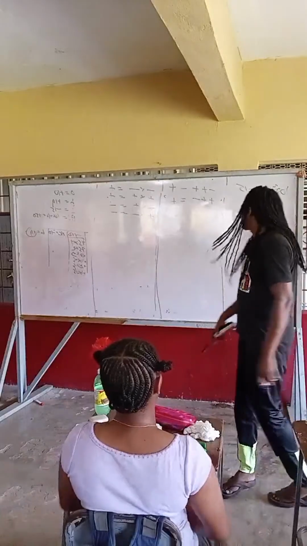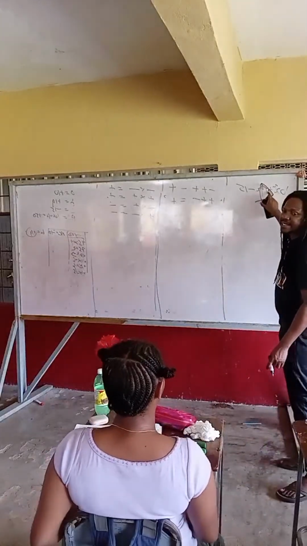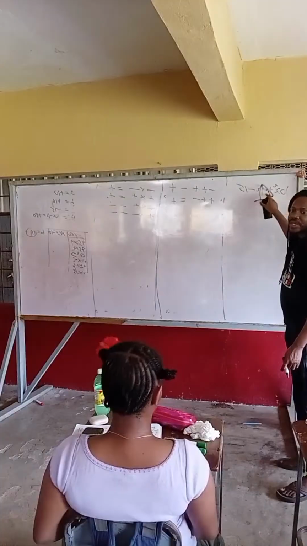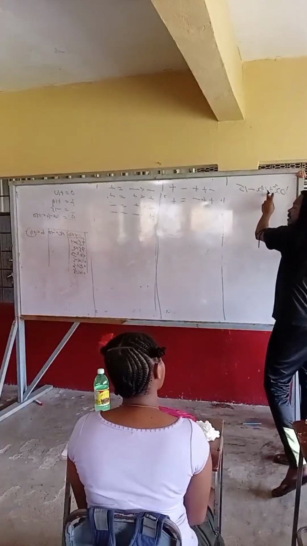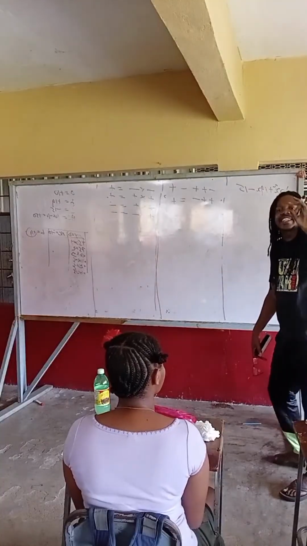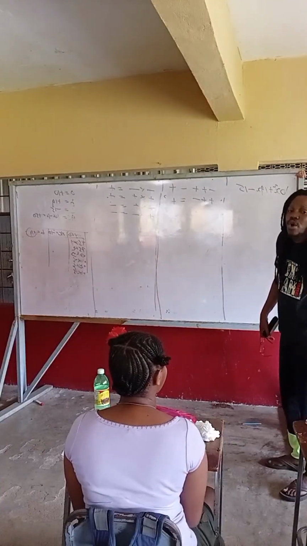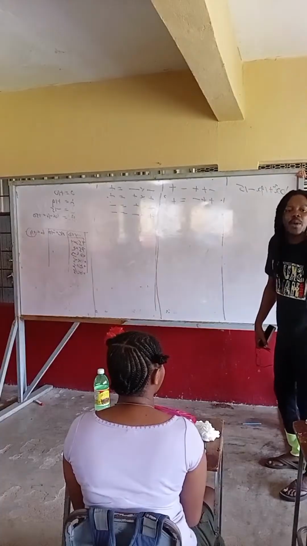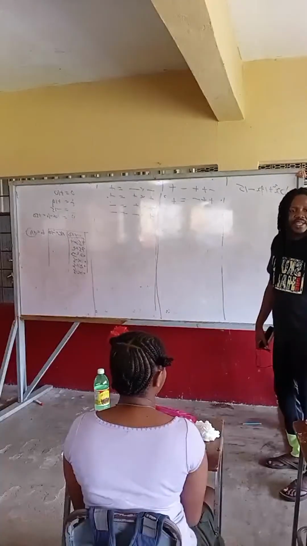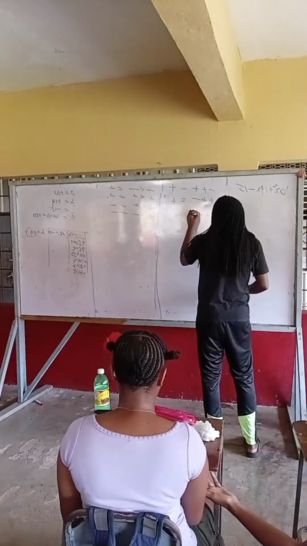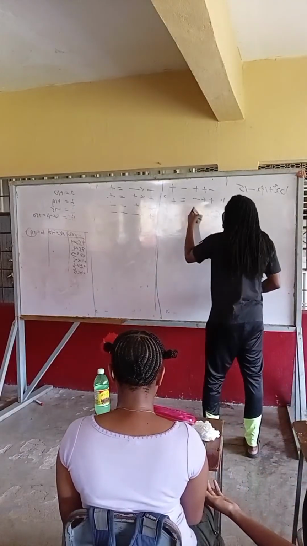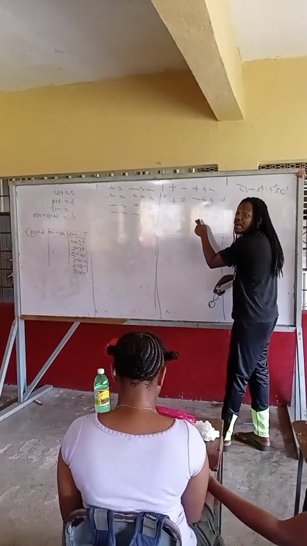Yes, because you would not get positive 19. Are you understanding? You get negative 19. So it is because this is positive that you know that when you add numbers of different signs, the only way it can be positive is if the bigger one is positive. When you get a negative plus a positive, it takes the sign of the bigger number.